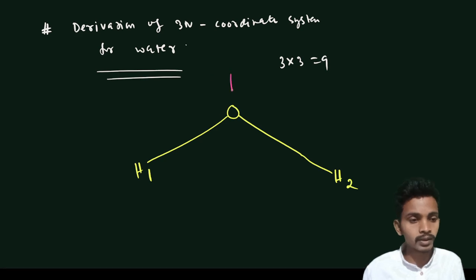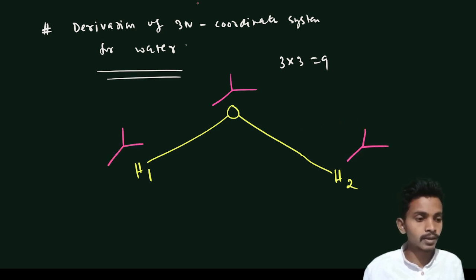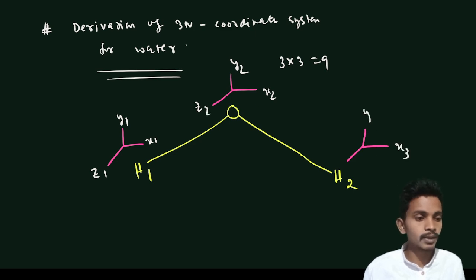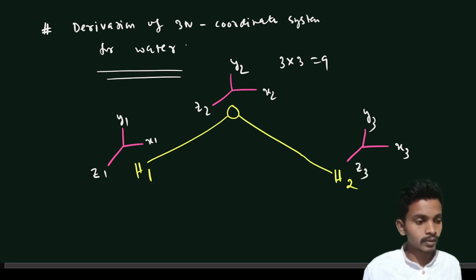Okay, so here is one axis, here is another axis, here is another axis. Let's say this is x1, this is y1, then this is z1. Similarly, this is x2, y2, and z2. Similarly, this is x3, y3, and z3. Okay, so here I will apply the symmetry elements.